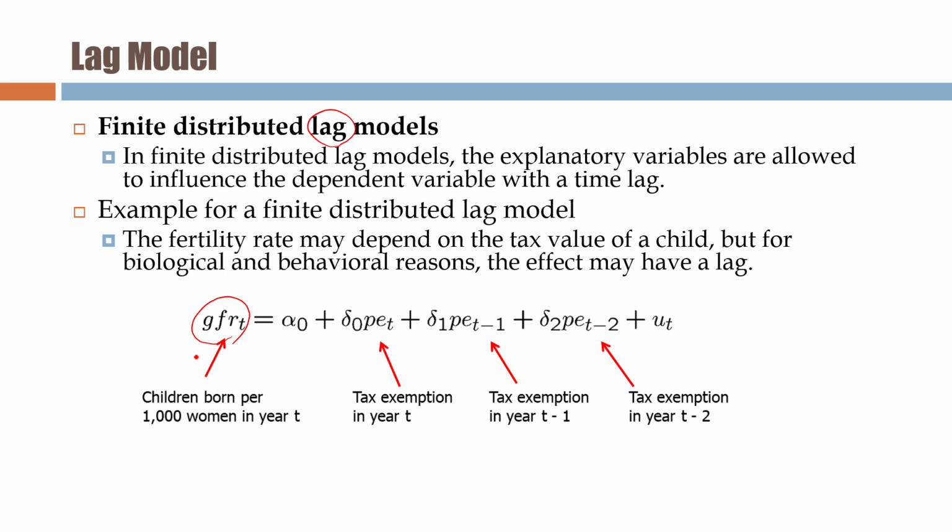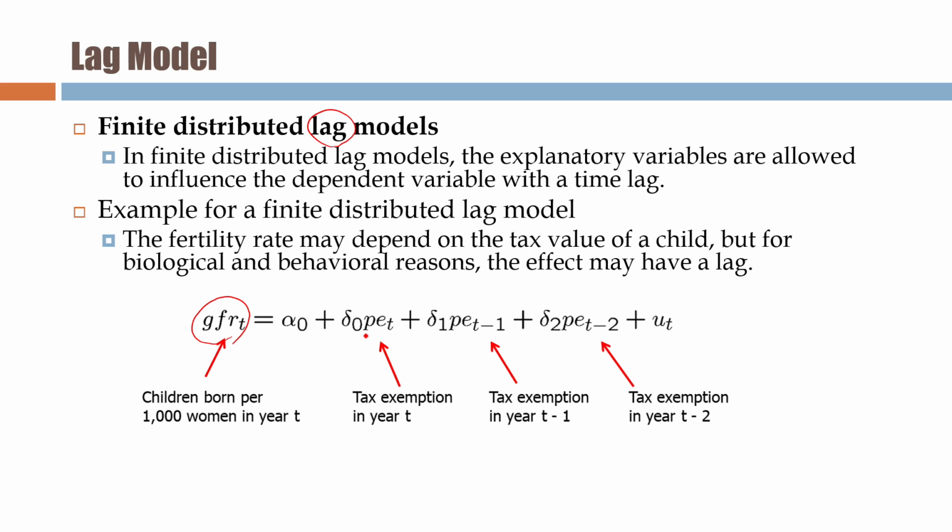So if we are trying to boost up the child fertility rate, we're trying to do a lot of different things, but the effort will result in about 1 year later the baby comes out, right? So whenever we do something, that will affect the baby born 1 year later.